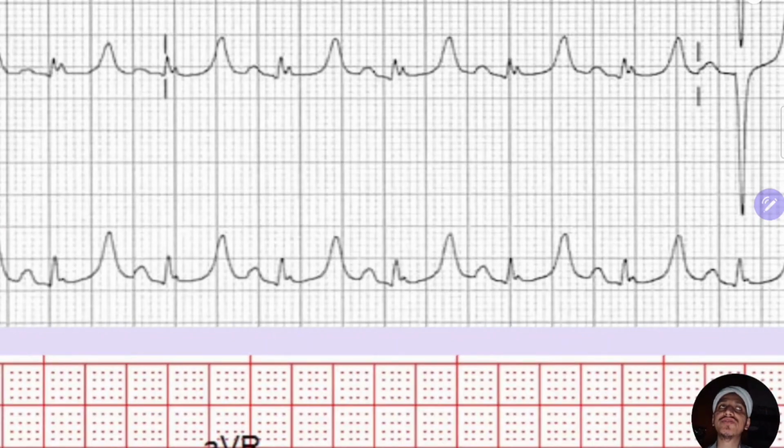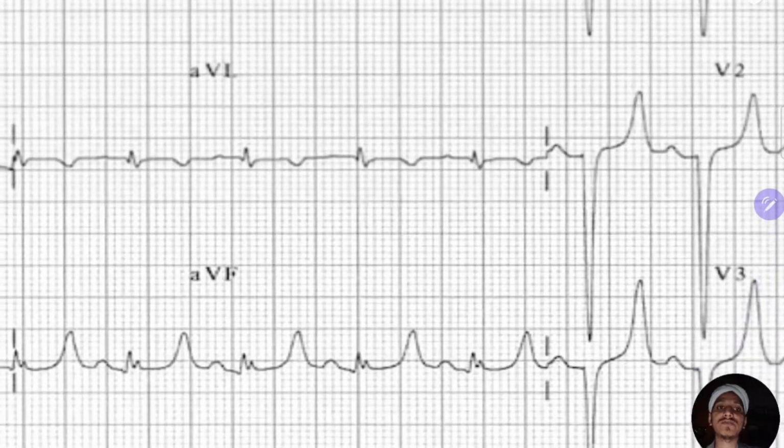In limb leads, the amplitude should be more than 5 mm. Draw a line here: 1, 2, 3, 4, 5, 6. So 6 mm height, and the base is narrow, and you are not seeing any ST segment changes. So that you have found out.